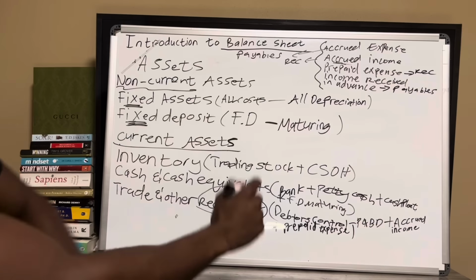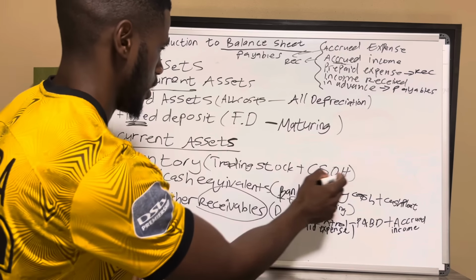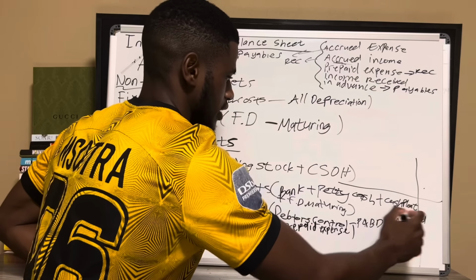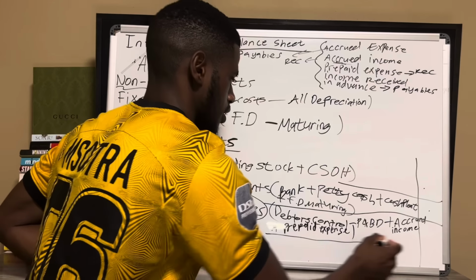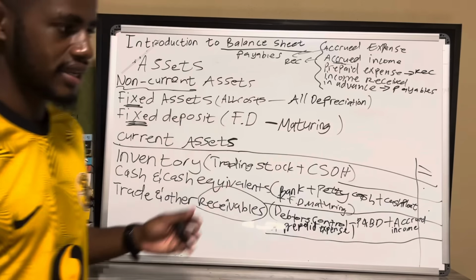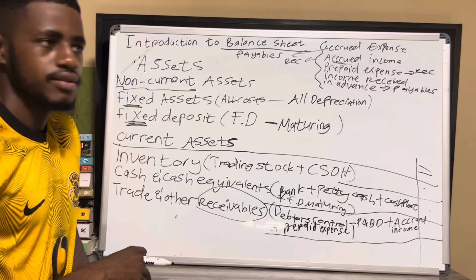Okay. Then what we need to do is we are going to, as we add all of these, obviously this will have its total, this will have its total, and this will have its total. We add all three totals and we are going to be putting it here under current assets. Okay, we are done with assets.